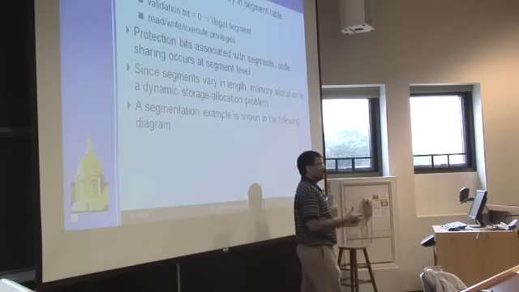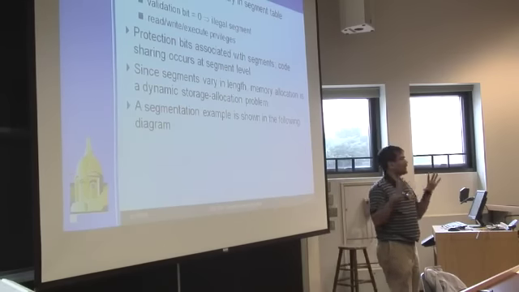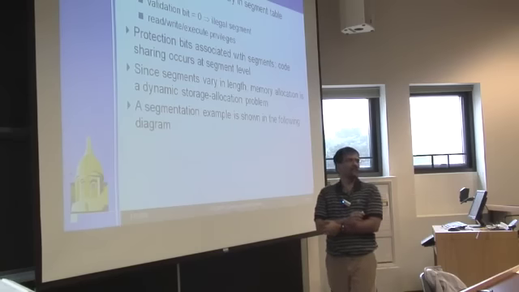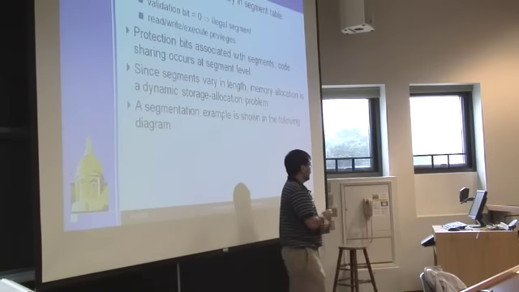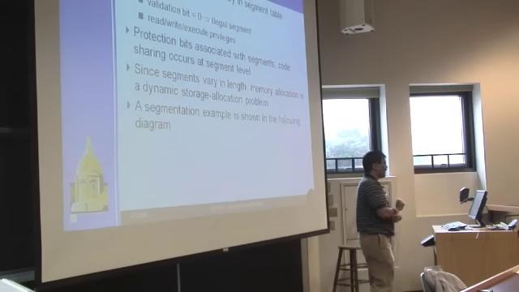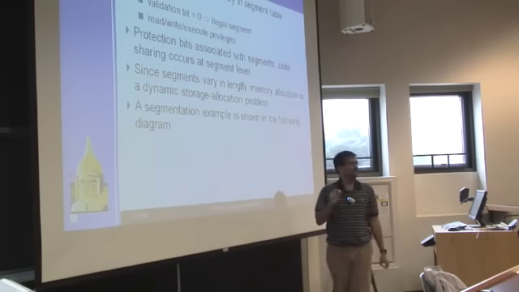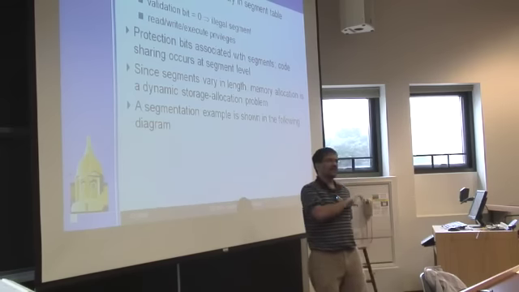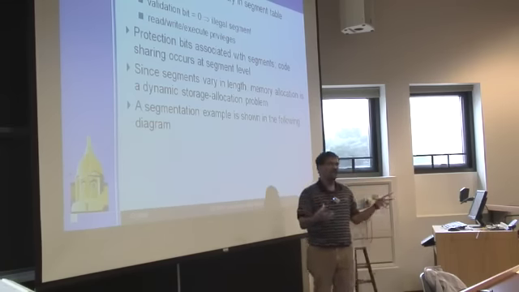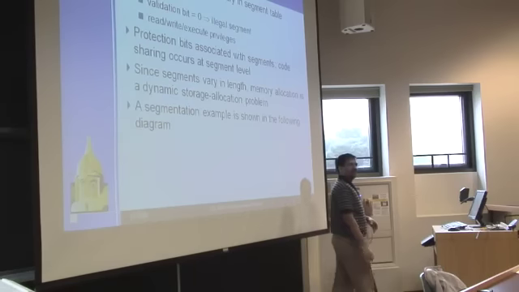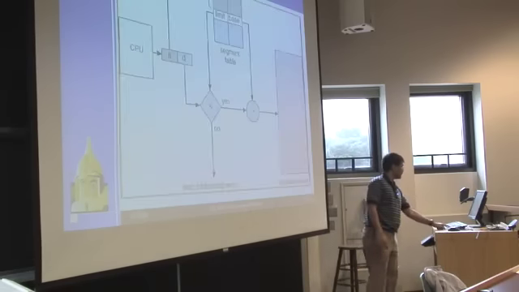But when you talk about it in a segment fashion, you think of them as one logical unit, right? So it's important not to get confused: this is not the same as the one we talked about before. This is a logical view of what the paging appears to you.